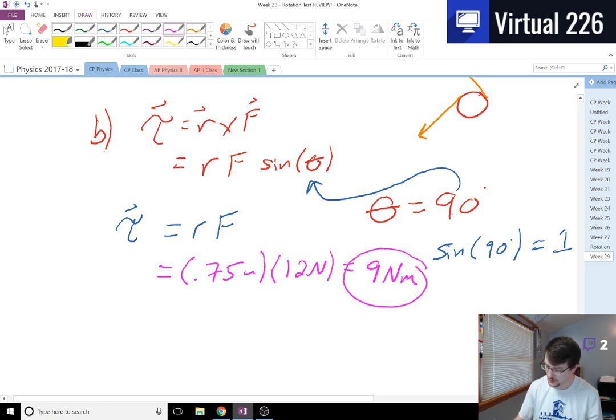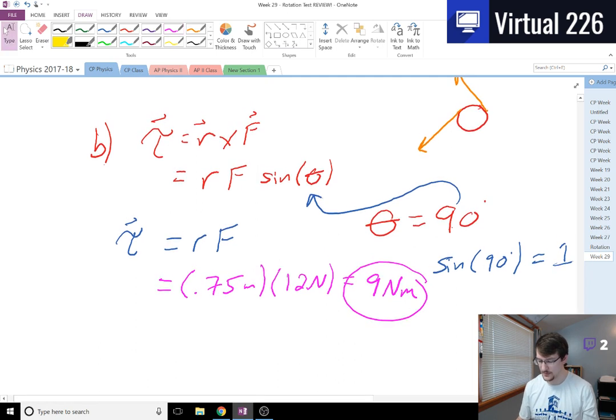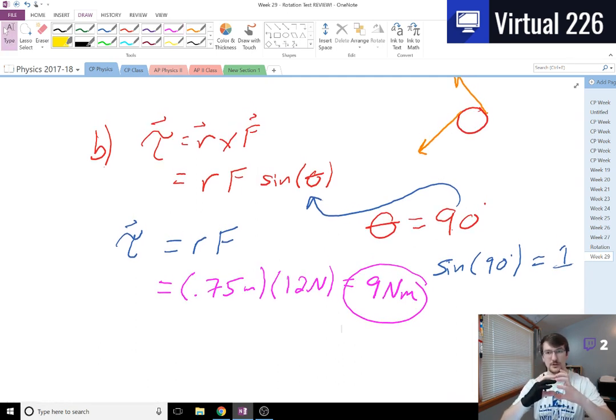That's our torque right there. So nothing too crazy for part B. Mainly identify your object. It's probably going to be circular. Those are easy things for us to use. And then you're using just R cross F. In our case here, that circular object had an angle of 90 degrees, and because of that, it was just R times F.